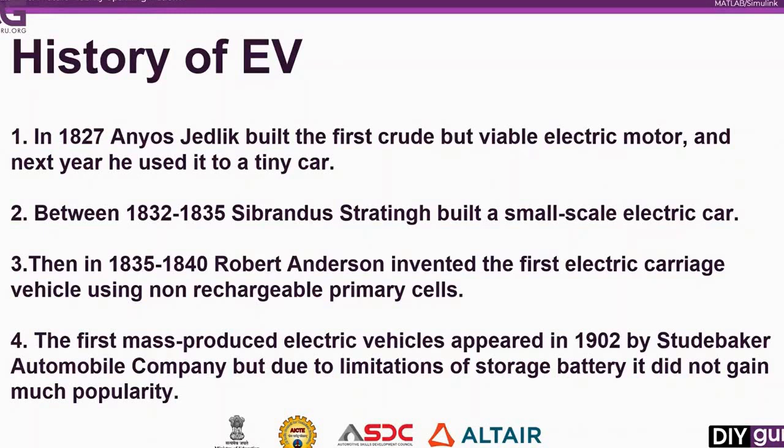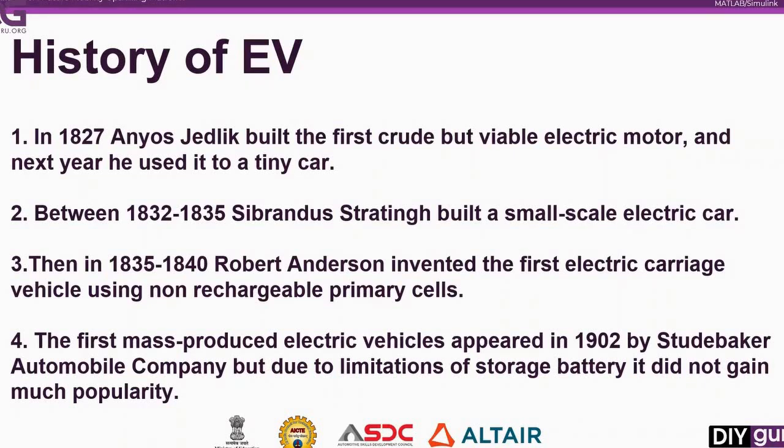The reason, primarily, was the charging times. When you compare them with a petrol or diesel powered vehicle, you can refuel the whole vehicle within a few minutes and use it for another 200, 300, or 400 kilometers.